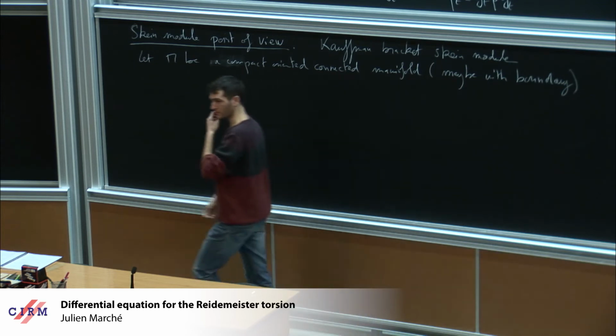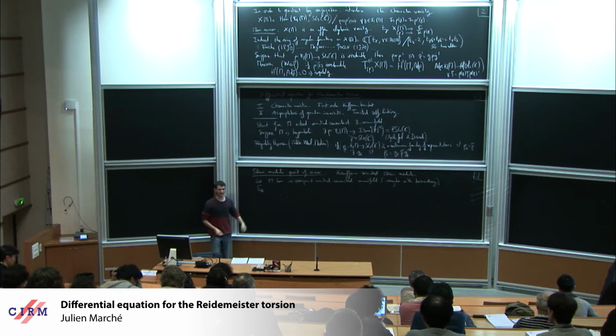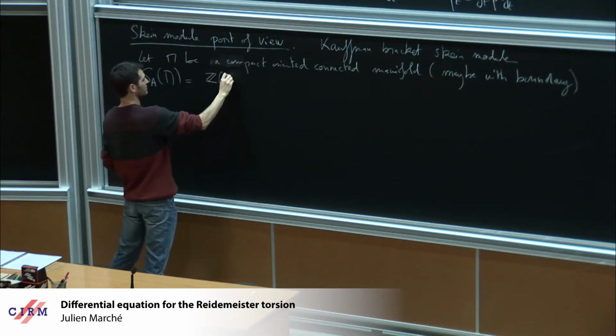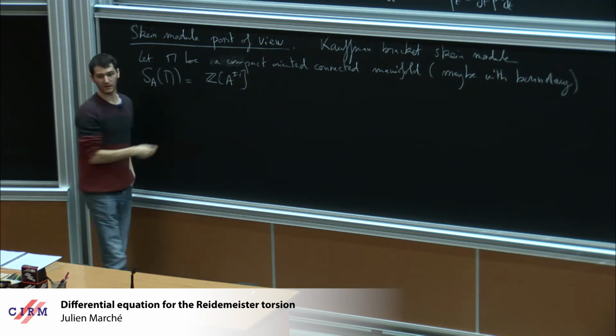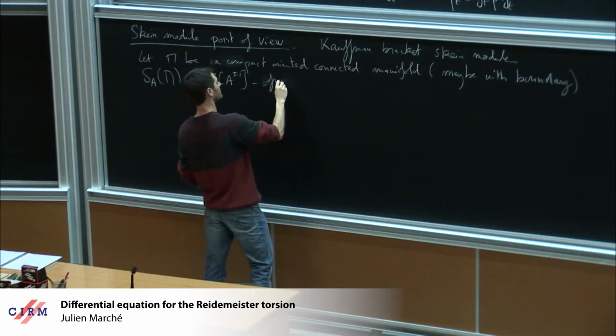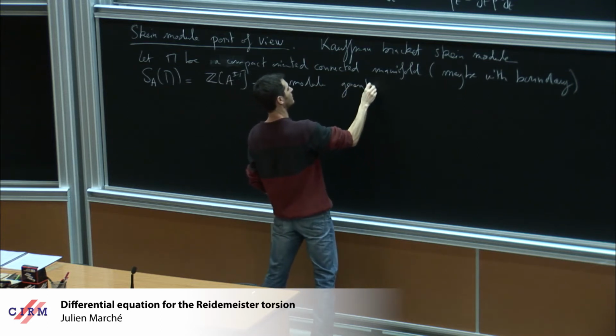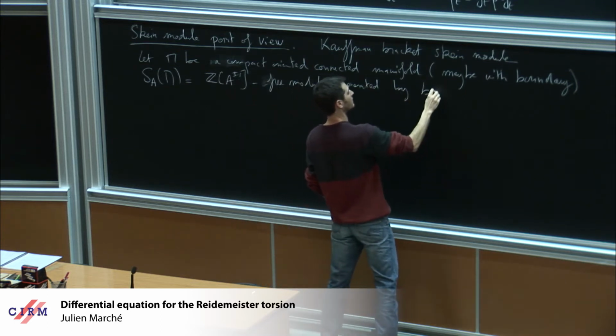Then I define the Kauffman skein module, which I will denote by S, the skein module of M. It's the free module generated over the ring of polynomials in A and A inverse, free module generated by banded links.